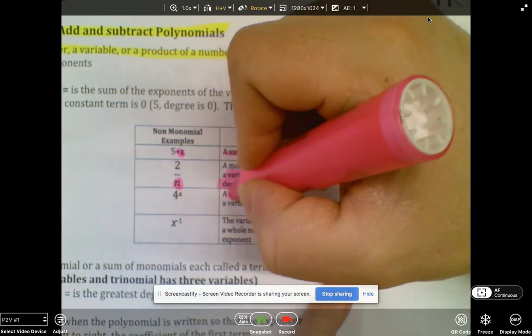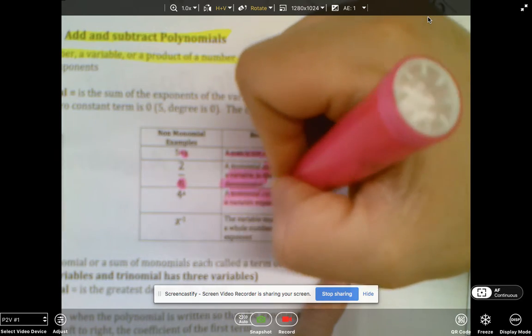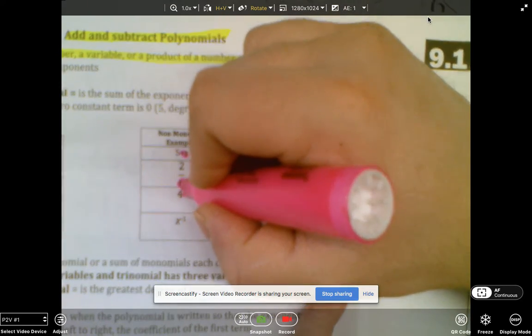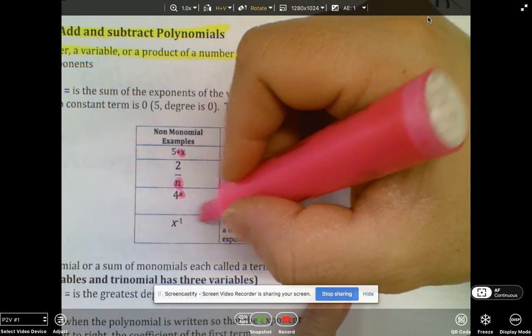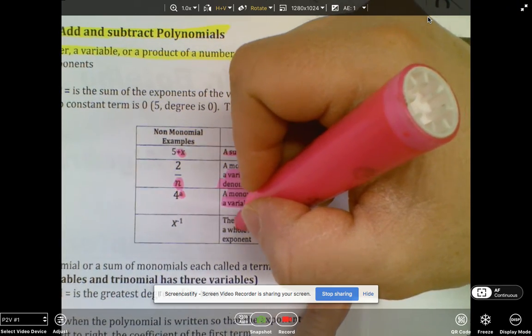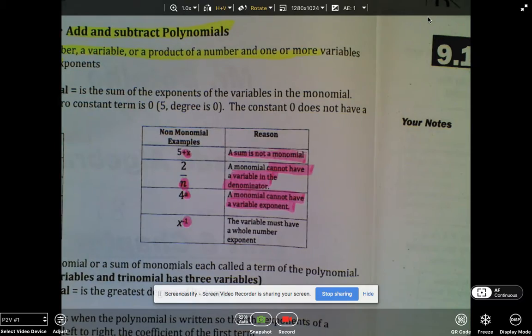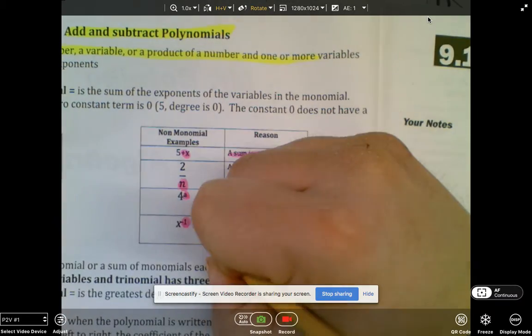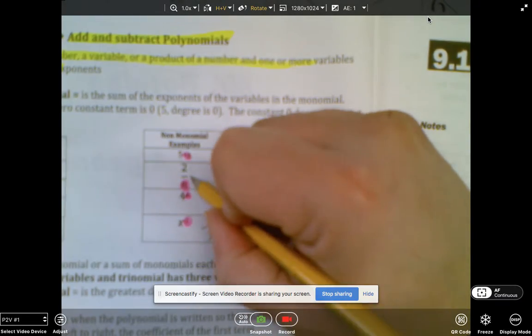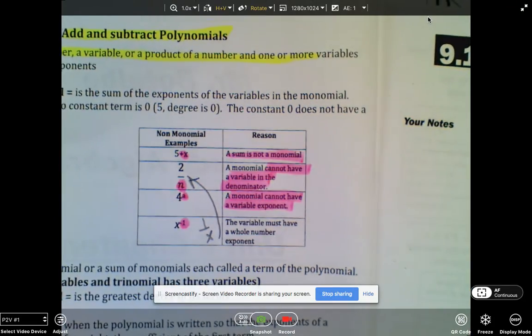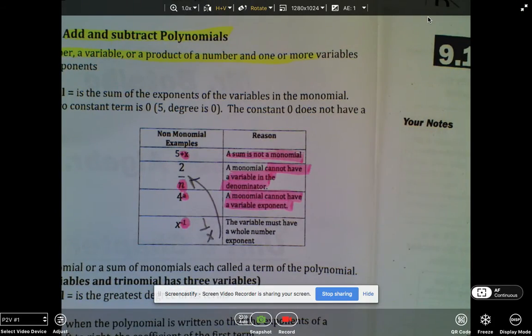A monomial cannot have a variable as an exponent, so this little a here wouldn't work. A variable must have a whole number exponent. So that -1 wouldn't work, because we all know that really is 1 over x, and that brings us back to that situation, which means it cannot be a monomial.